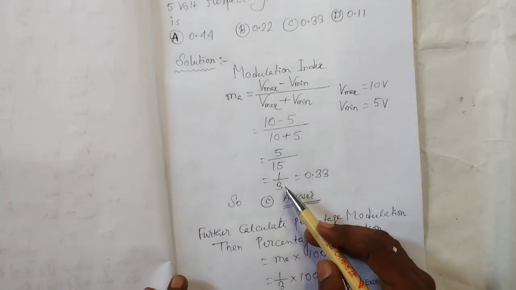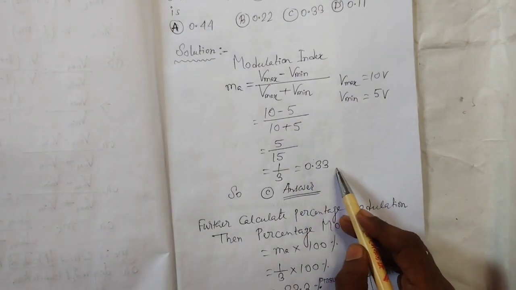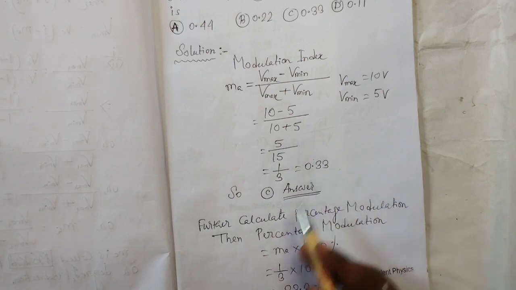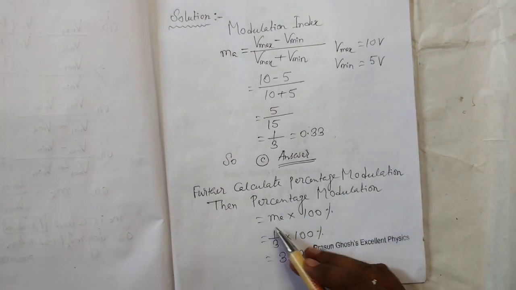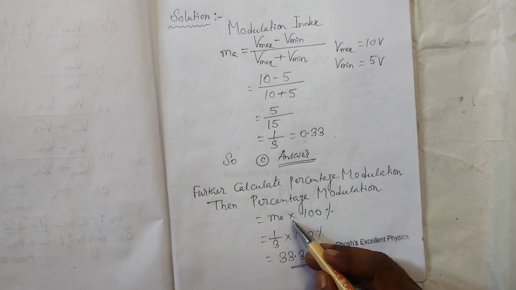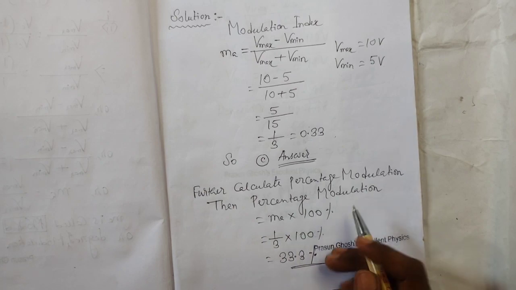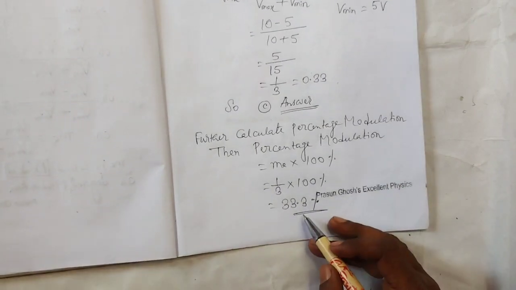Putting the values we get 1 by 3, that is 0.33. So this is option number 3. If we further calculate the percentage of modulation, we multiply Ma with 100%, so we get 33.3%.